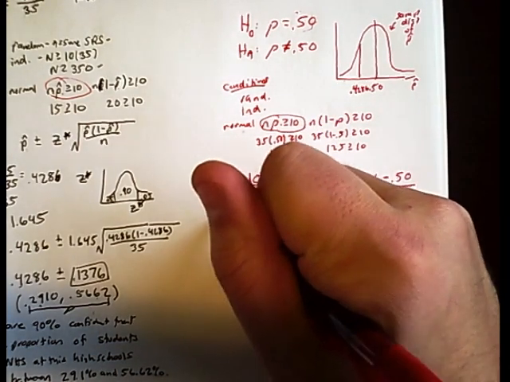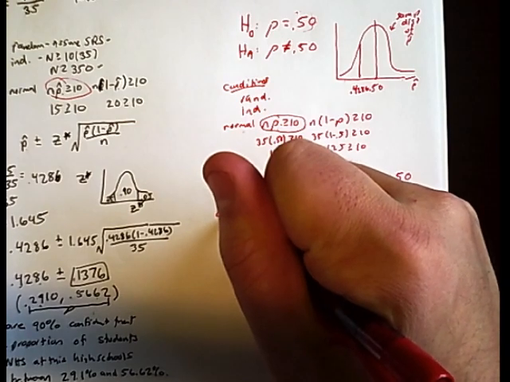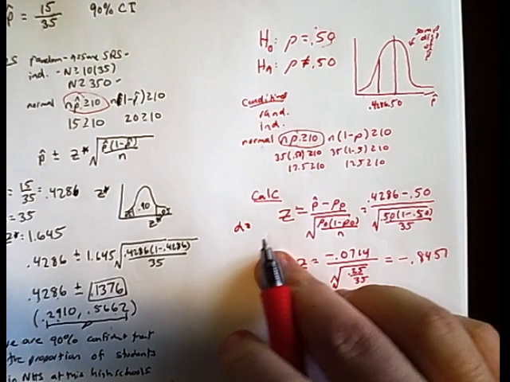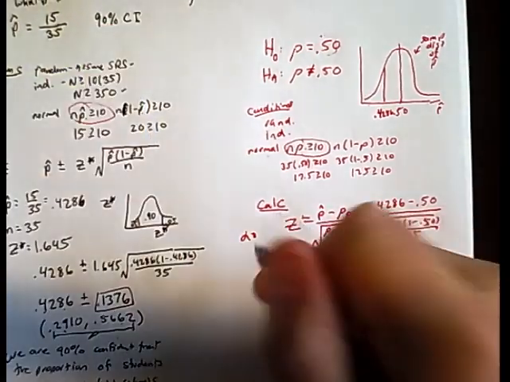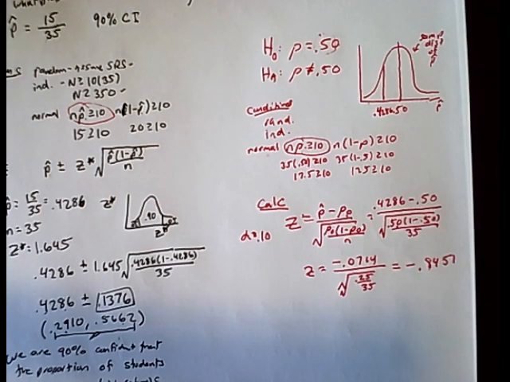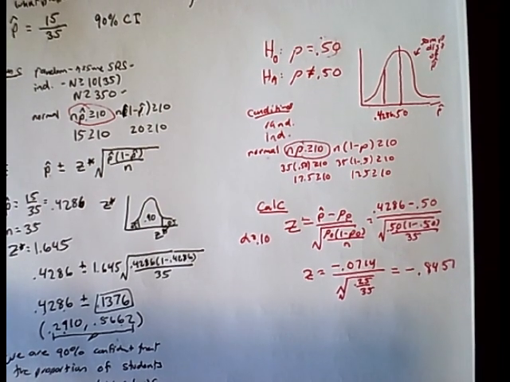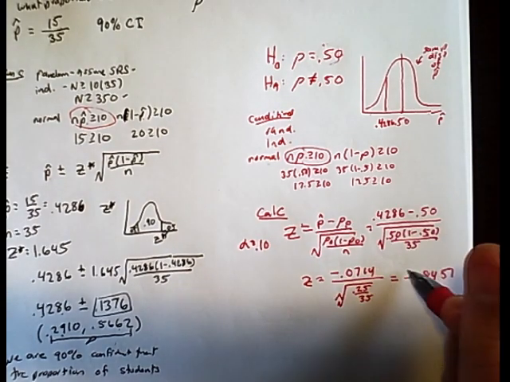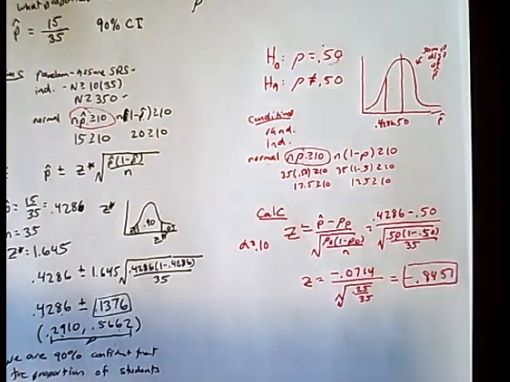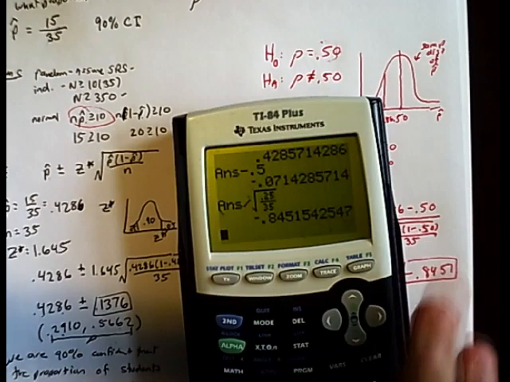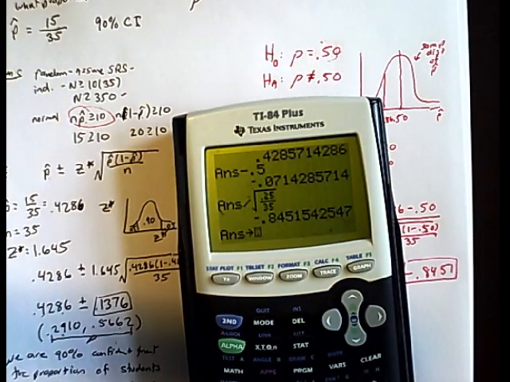And again, for this particular alpha, since this is a 90%, we're assuming here that the alpha is 0.10. Okay, so we have to find the test statistic value. We found that right there, -0.8451. I'm just going to go ahead and store that as Z.